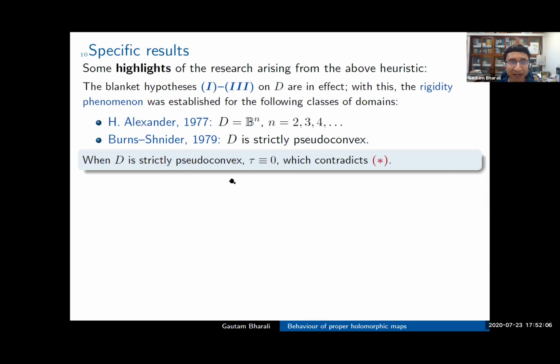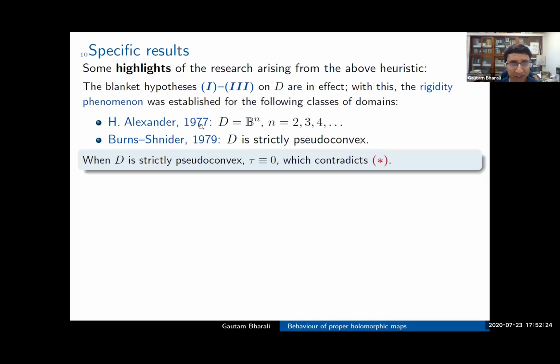So now you see it's kind of easy to see why the Burns-Schneider result would be true by appealing to our heuristic. Because I have already told you that when D is strictly pseudoconvex, there's this really landmark result by Fefferman which establishes step 1.